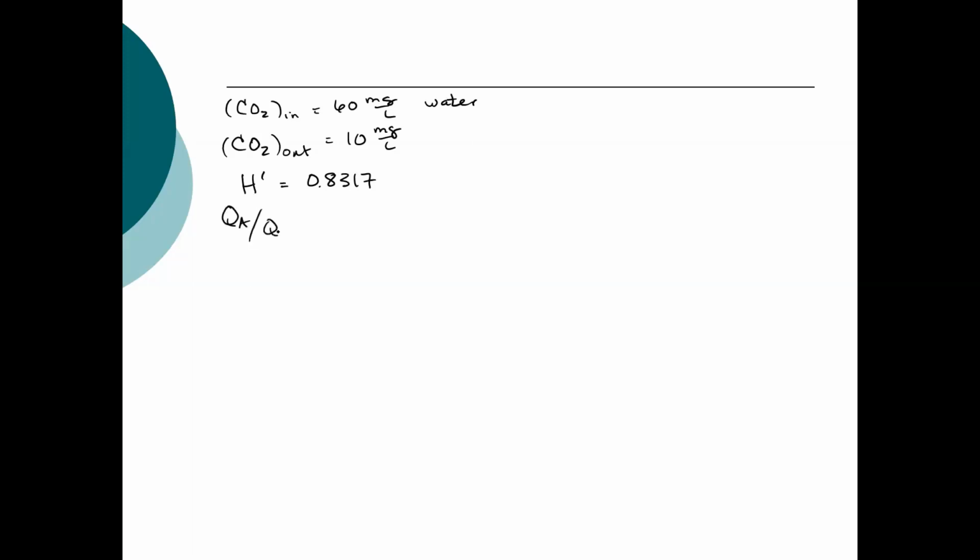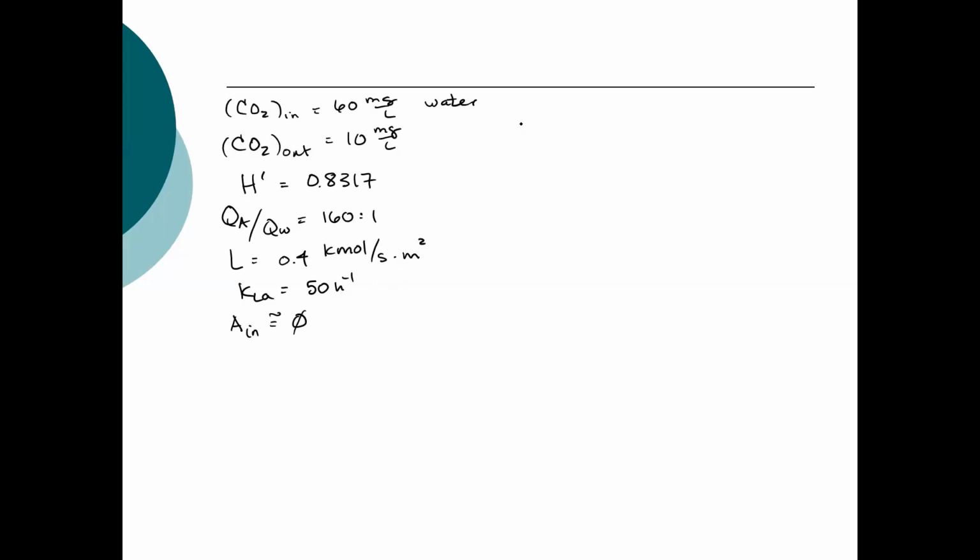QA over QW is equal to 160 to 1. L is equal to 0.4 kilomoles per second per meter squared. KLA is equal to 50 inverse hours, and A in, we'll say, is approximately equal to 0.